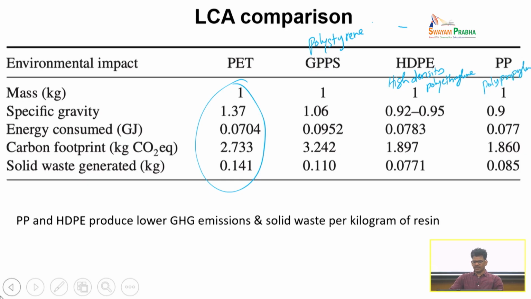Just like how I showed the details of energy, solid waste, and emissions for PET, the same thing is done for the other three, and we are comparing here based on 1 kilogram of each resin. You see that specific gravity basically means the density, which is specific to each polymer.